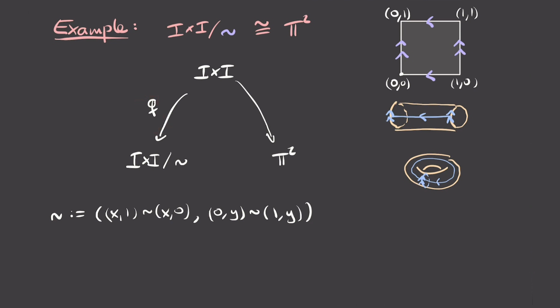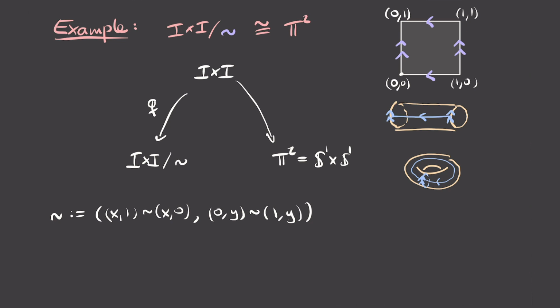However, a more formal way to see what the map should be is to remember that the torus is defined as a product of S1 with S1. And if we remember some maps we know from the closed unit interval to the circle, well, this is the exponential map.